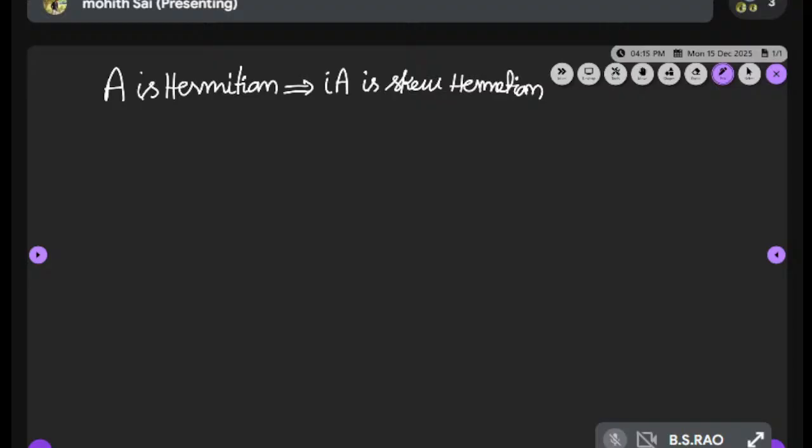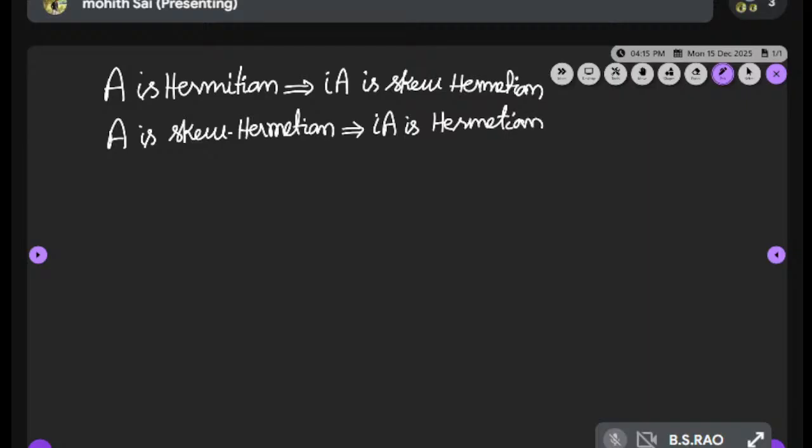If A is skew Hermitian, this implies i times A is Hermitian. So in order to convert one to another, just multiply with the imaginary number i.